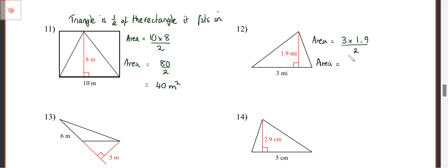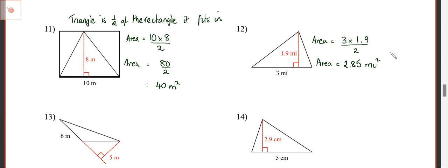Good to you? Just do 3 times 1.9. 2.85. 2.85 square miles.